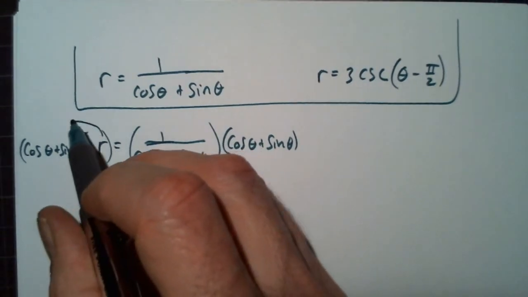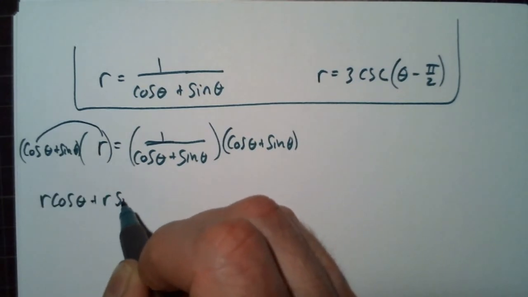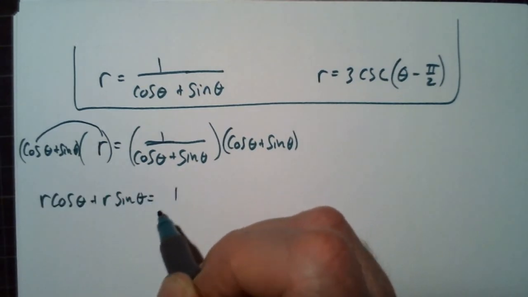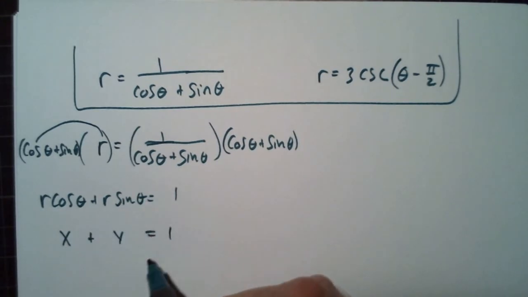And that means when we distribute r, we'll have r cosine theta plus r sine theta equals 1. We could write it like that.